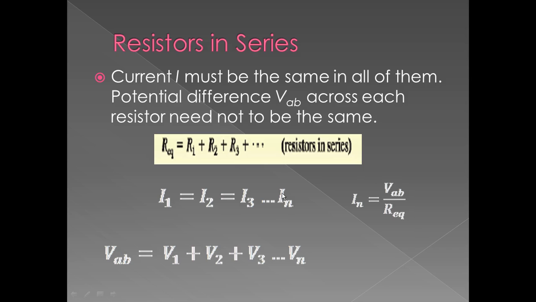Now, of course, the voltage across each given resistor does not necessarily have to be the same, but the total voltage is actually found by getting the sum of the individual voltage drops for each of the resistors.